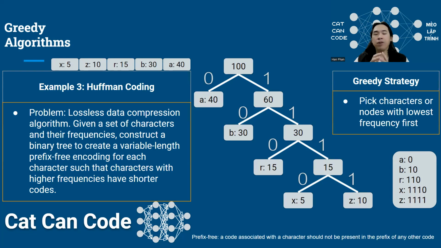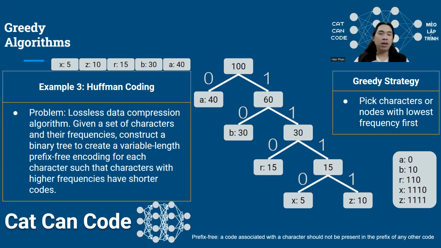The prefix-free characteristic here means a code associated with a character should not be present in the prefix of any other code. This is to ensure that there's no data loss. Every character has a unique code, and there's no overlapping where the start of one character's code is actually another character.